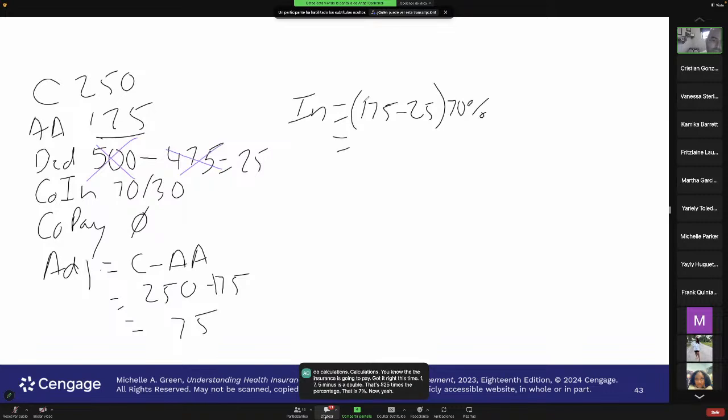Now you have 175 minus 25, it's 150, and then times 70%. It didn't give you a negative now because you already paid the deductible. So 150 times 70% is 105. So the insurance pays 105.